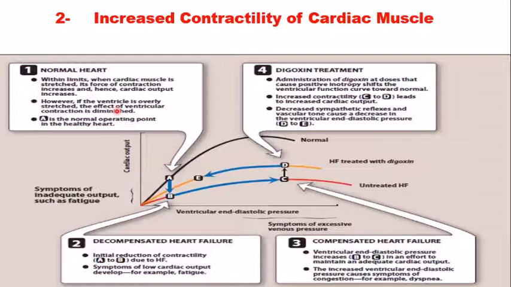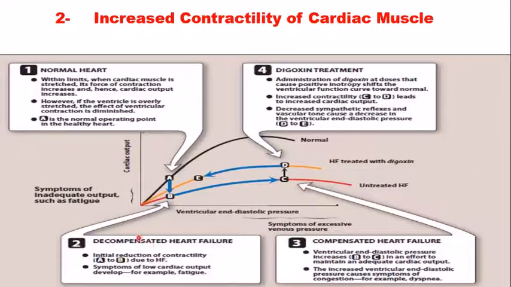Vagal tone is also enhanced, so both heart rate and the myocardial oxygen demand decrease. Digoxin slows conduction velocities through the atrioventricular node, making it useful for atrial fibrillation.